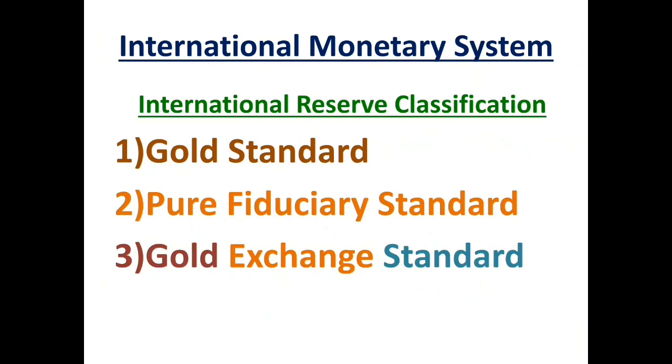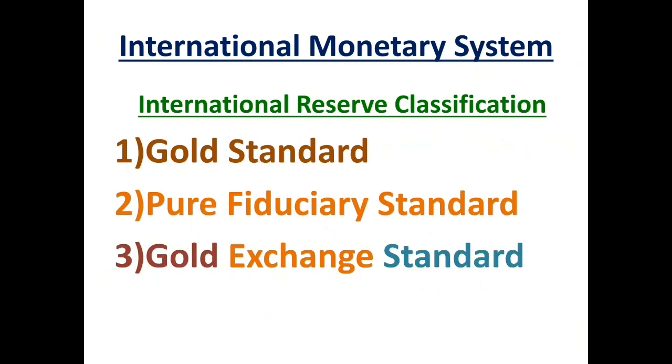Sticking to the second classification, which is the international reserve classification, it can be called the gold standard, in which your reserve asset consists only of gold. A pure fiduciary standard is one in which the reserve asset consists of only one particular currency.